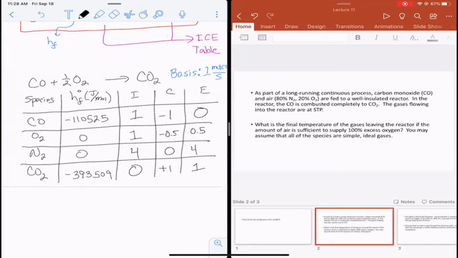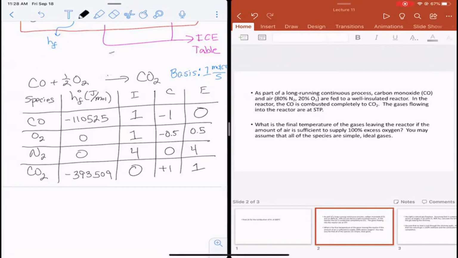From the stoichiometry, for every 1 mole of CO that you put in, you only need 0.5 moles of oxygen, right? And so if you're going to give 100% excess, then you need to add 0.5 more. And 200% excess would be +1, and 300% excess would be +1.5. All right, does that make sense? Yeah, thank you. No problem.